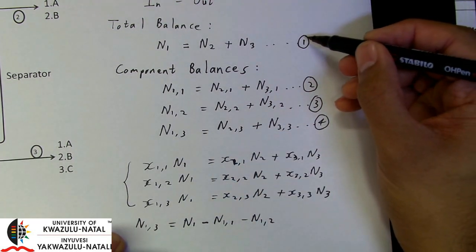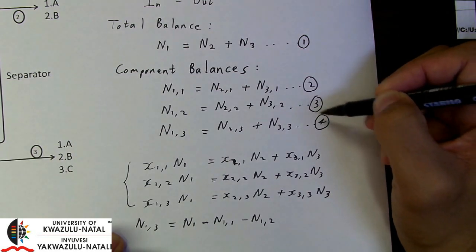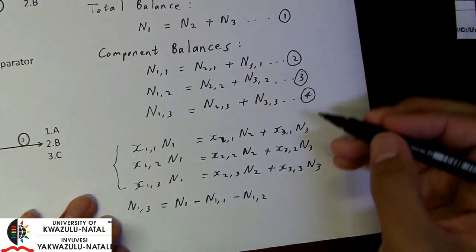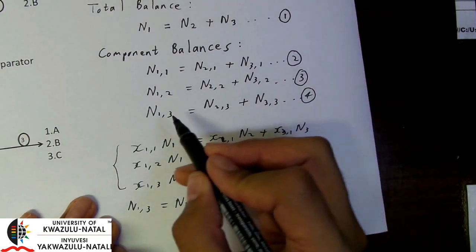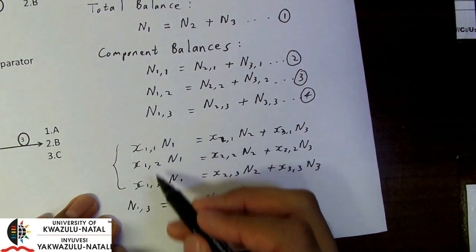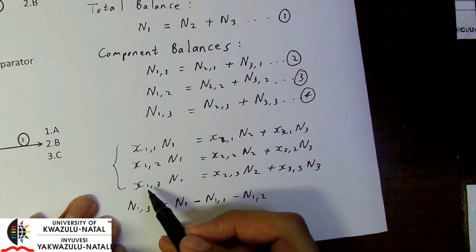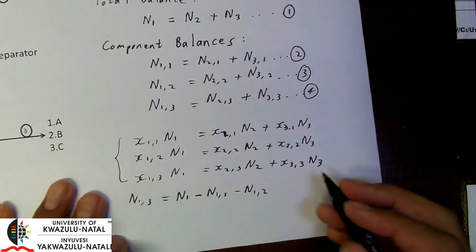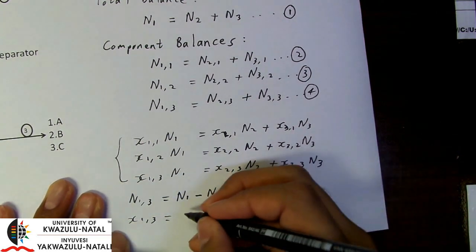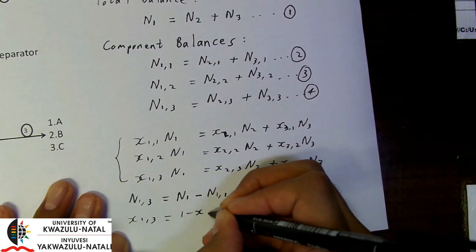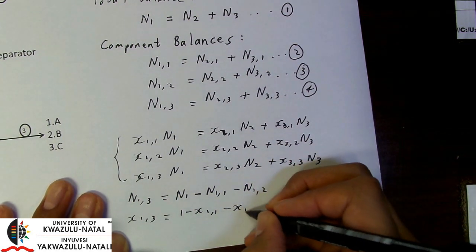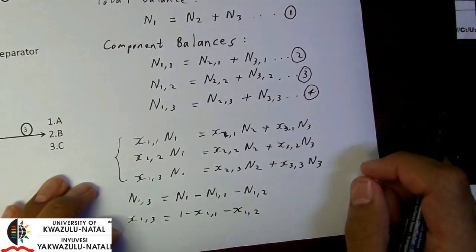So if we solve equations 1, 2, and 3, we can obtain equation 4 by difference. And this is true whether we are expressing the component balances in terms of our molar flow rates or in terms of our compositions, our mole fractions. Okay, and that is because x13 is equal to 1 minus x11 minus x12.